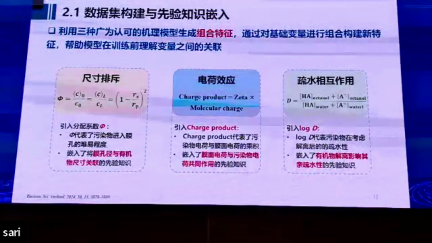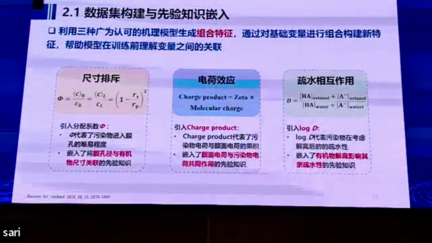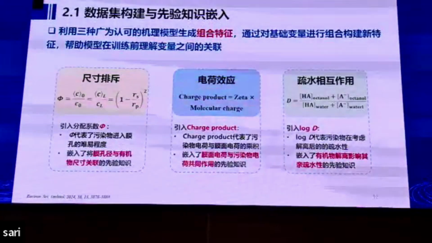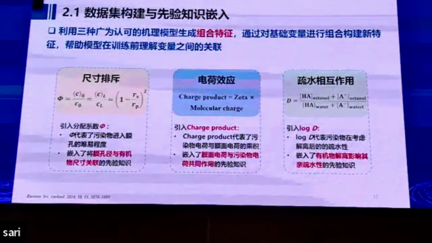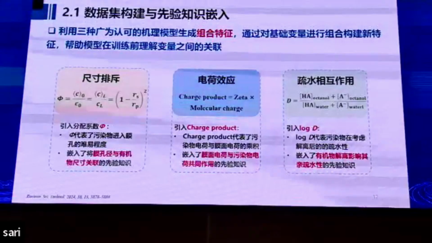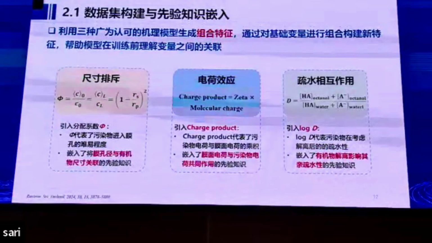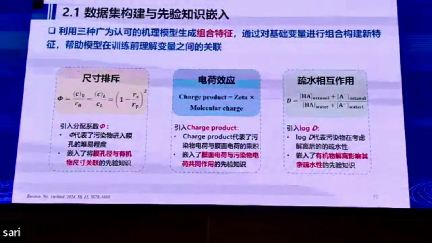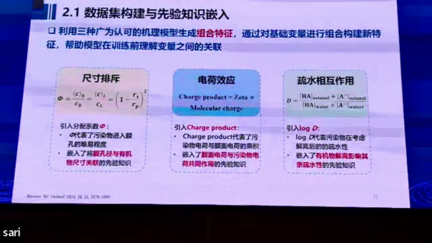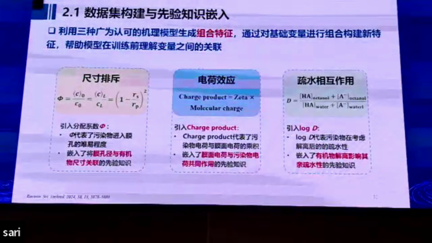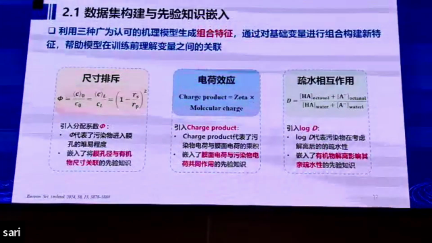The second is the charge product, which is the product of the zeta potential of the membrane and the molecular charge of the pollutant, so that the machine can understand that if the charge product is positive, there's electrostatic repulsion between the membrane and the pollutant.